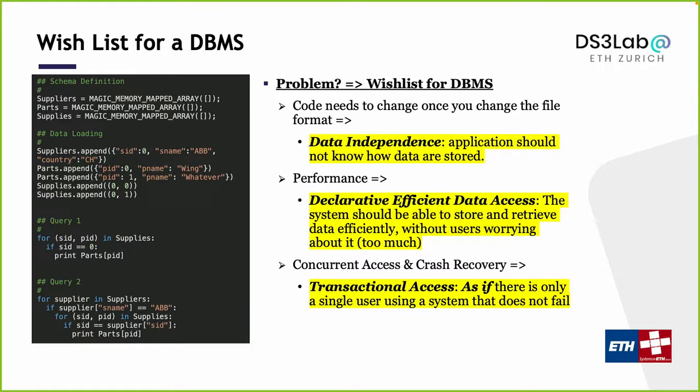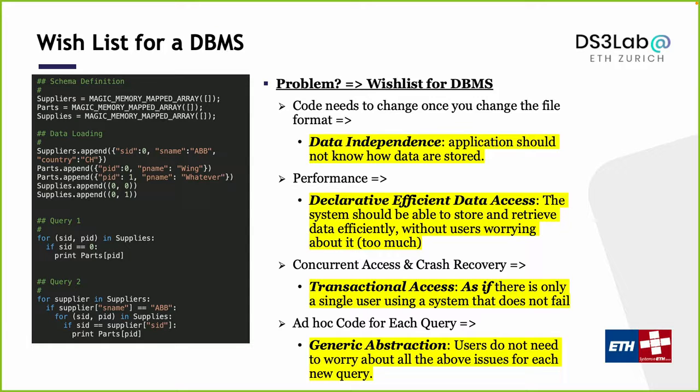I want to make sure I manage all that concurrent access in this way to give you this guarantee of concurrent access, okay? We want to make sure the whole access is transactional, and when you have some failure in your system, like the system crashes in the middle, when you reboot your system, I can recover from the failure. That's another thing that we want to enable inside this database system.